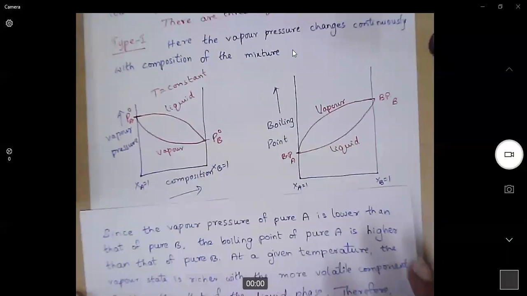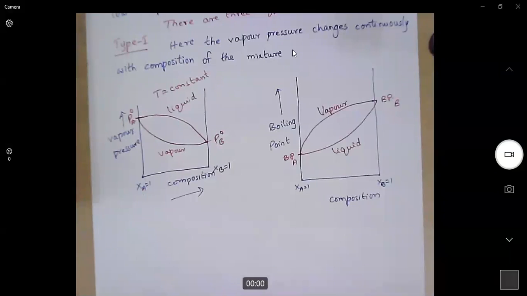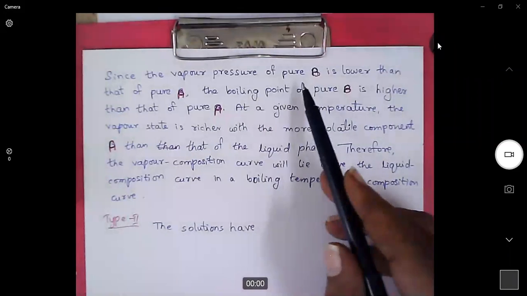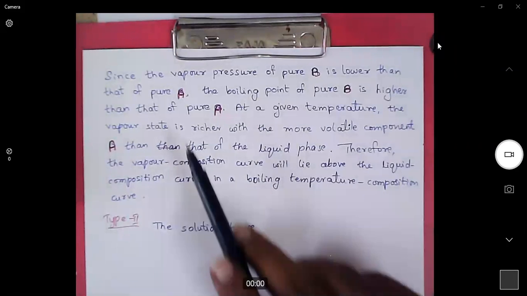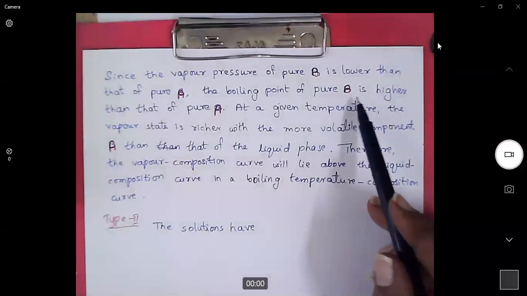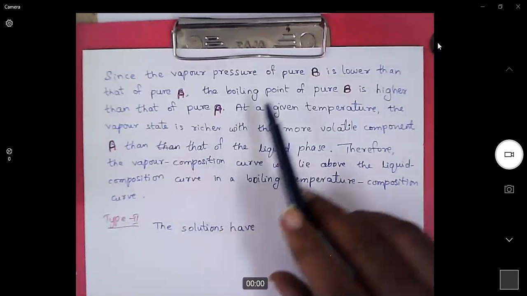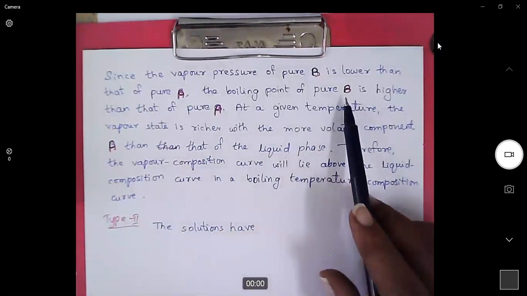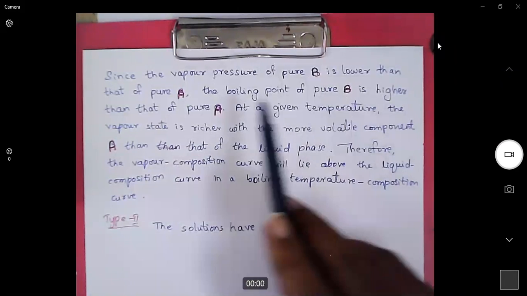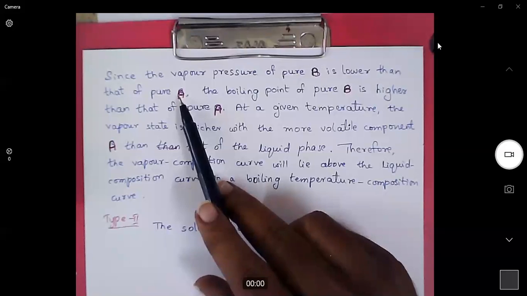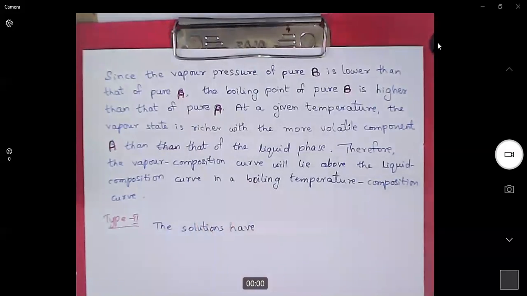Just look at the notes. Since the vapor pressure of pure B is lower than that of pure A, the boiling point of pure B is higher than that of pure A. So a compound with low vapor pressure will have a high boiling point, and a compound with high vapor pressure will have a low boiling point.